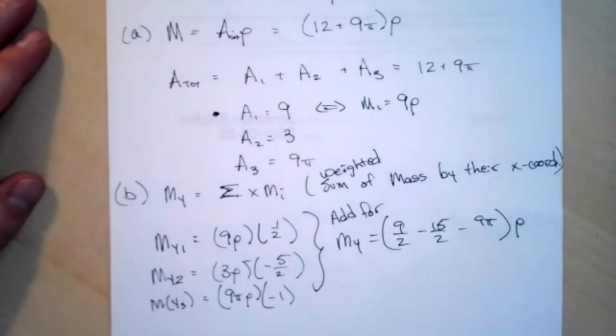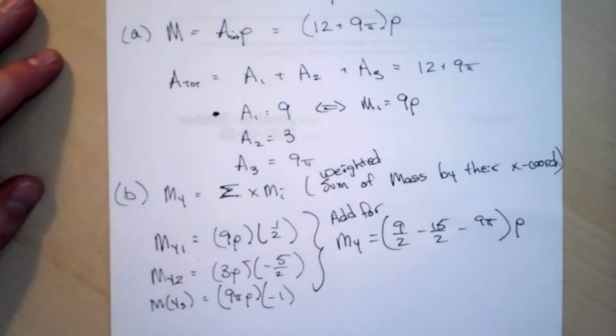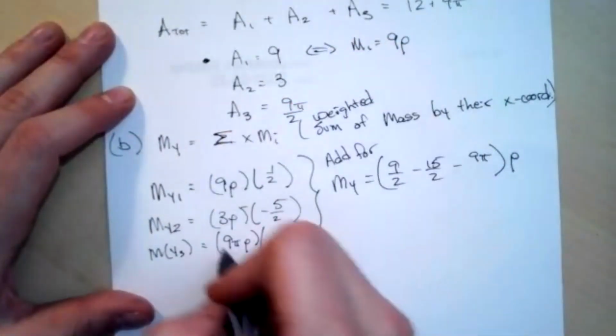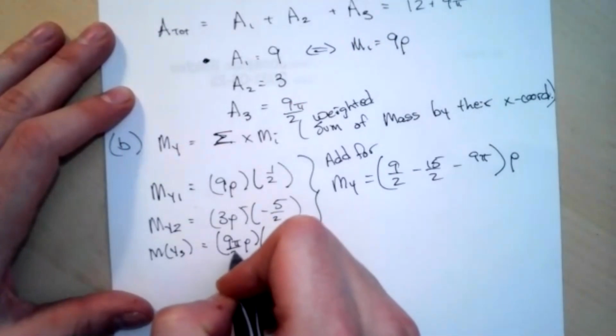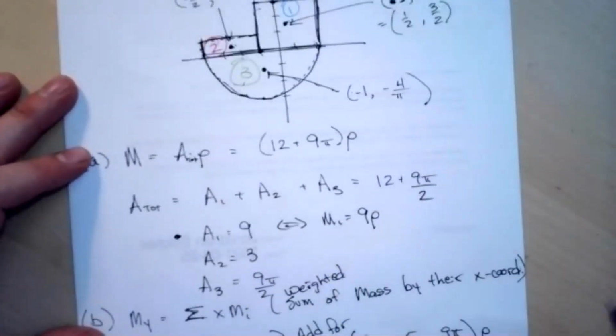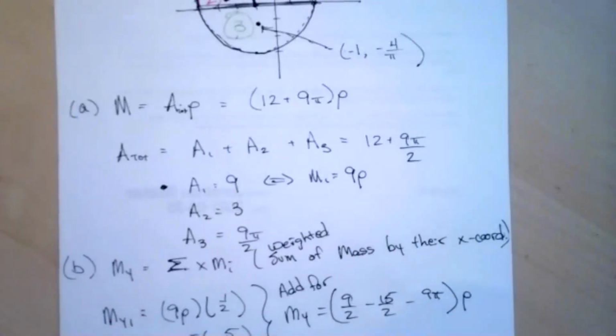Oh, quick question. Would the 9 pi be divided by 2 because we have half of a circle and not a whole circle? Did I find that area wrong? Yeah, 9 pi over 2. Thank you. So our area would be adjusted as well.